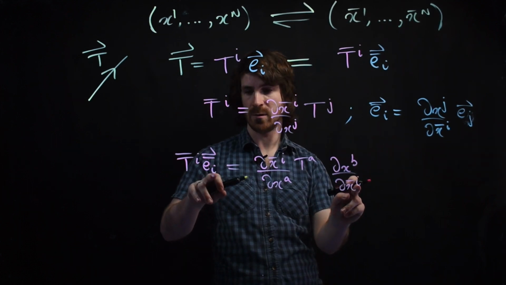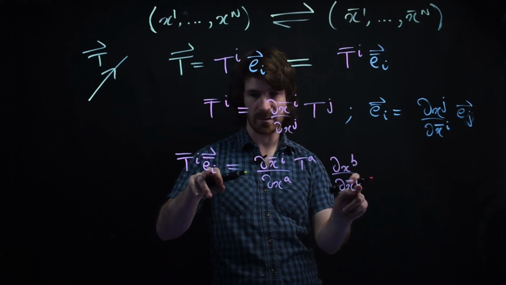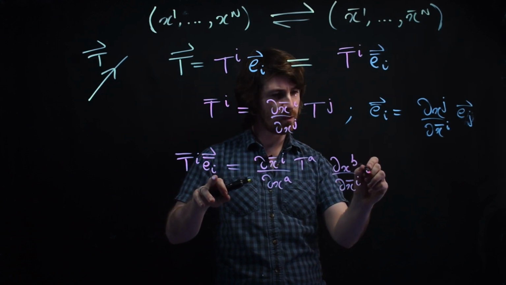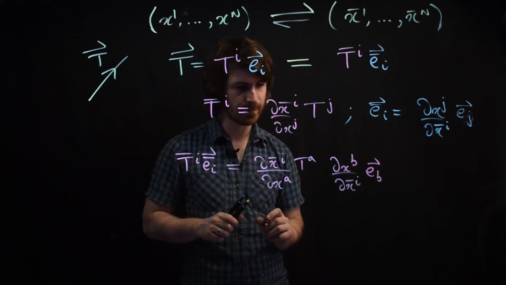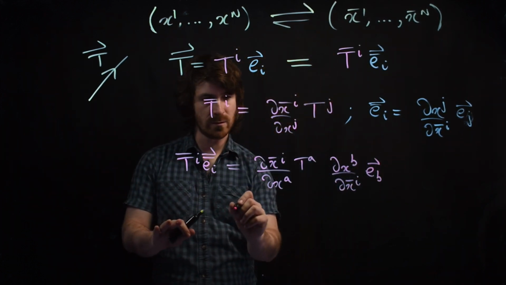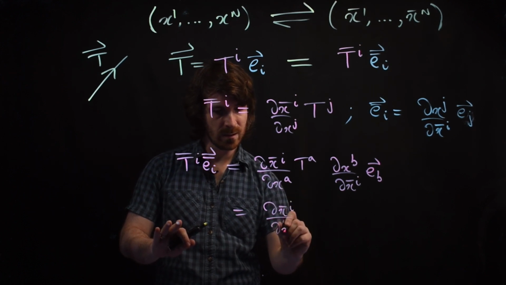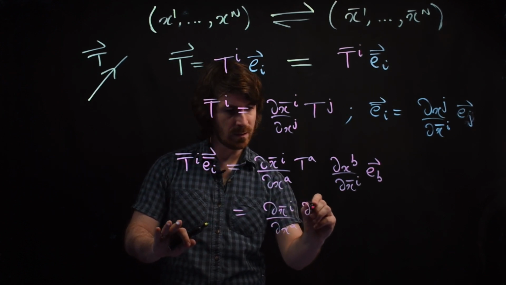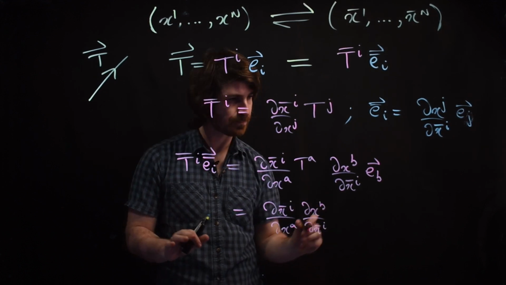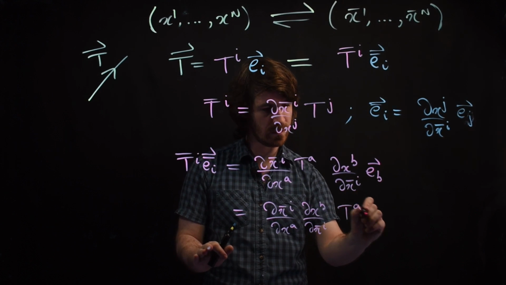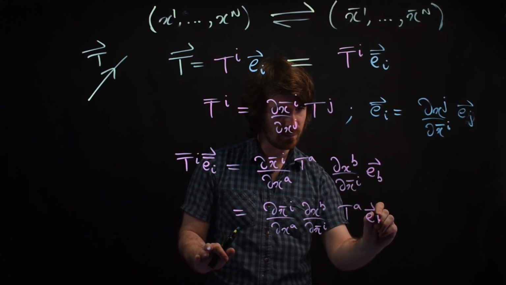Okay, so i is the coordinate that must stay as i, because this is e sub i. So this equals dx bar i by dx a, dx b by dx bar i, T a e vector b.